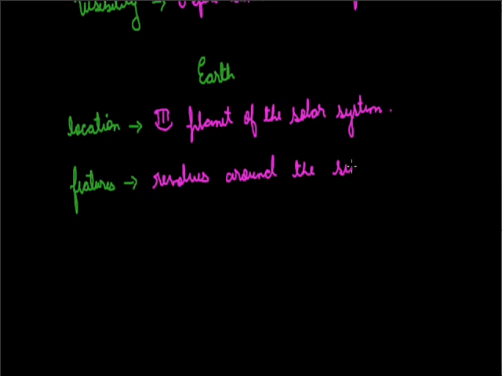Due to its revolution around the sun, there is an occurrence of different seasons on the earth.